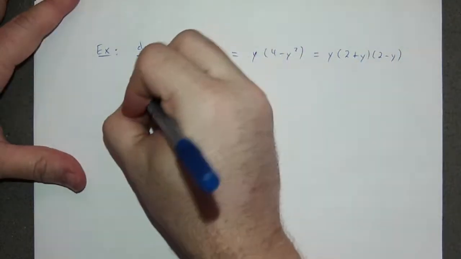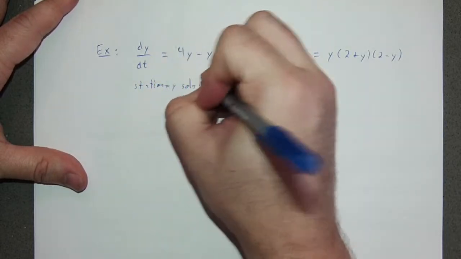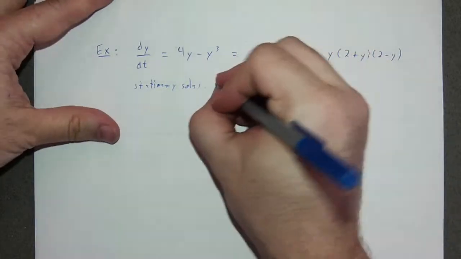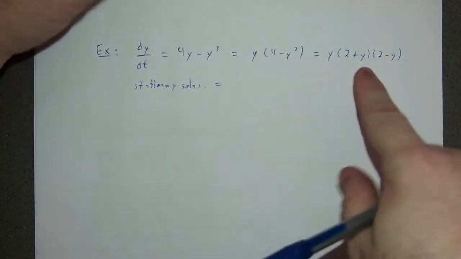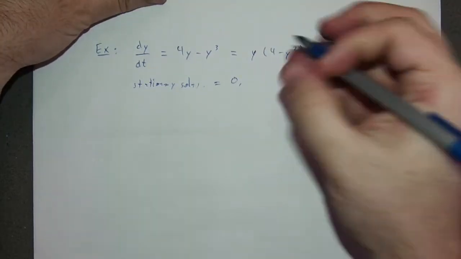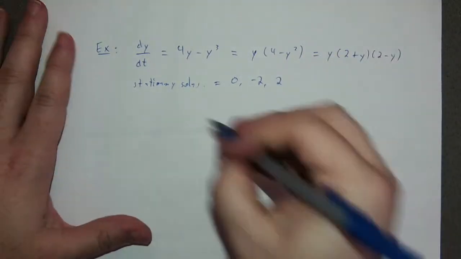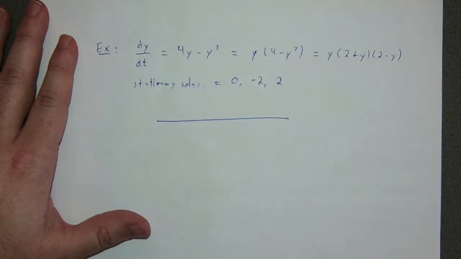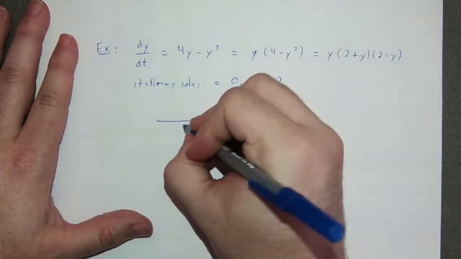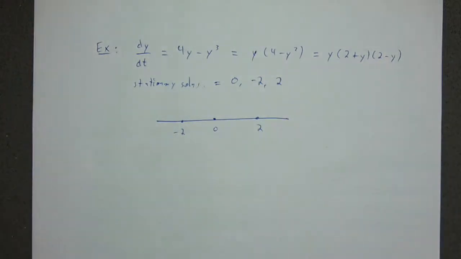From this, I can immediately write out the stationary solutions. That's the first step to these problems, always identifying stationary solutions. Again, we get 0, minus 2, and 2. So if I'm drawing the phase portrait line, here's 0, here's minus 2, here's 2. So 3 points, breaking this into 4 pieces. Let's check the sign of this quantity on each piece.